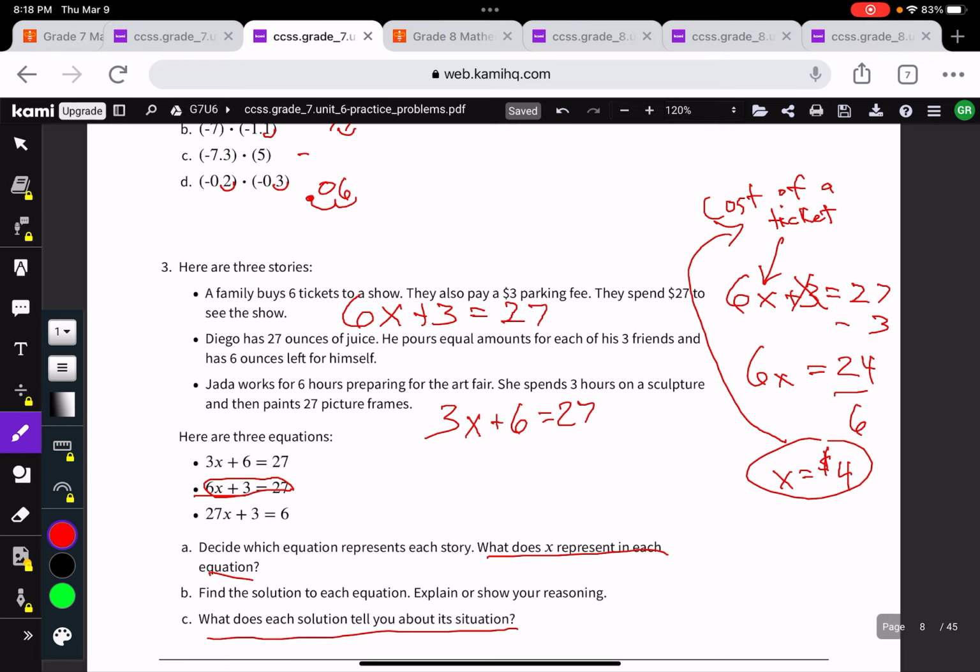How would or what does x mean? Let's go ahead and write that. That's the equal amounts for each of his three friends. That's how many ounces a friend gets. I'll let you write that.